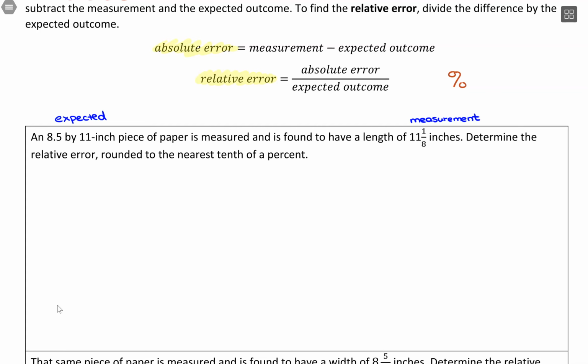If it helps, you can start with the absolute error, or you can do this all in one big calculation, kind of like our percent change in the previous videos. You can just plug in measurement minus the expected outcome, divided by expected outcome. And that's what we're doing here. So, relative error.